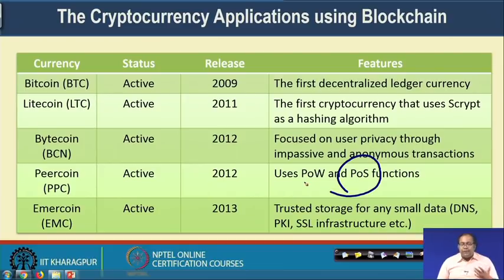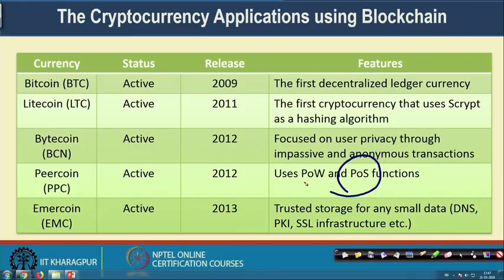Emercoin developed an architecture to store small data which can be utilized for domain name system validation, public infrastructure, SSL infrastructure, systems which require a small database, and for them Emercoin provided a trusted storage architecture.